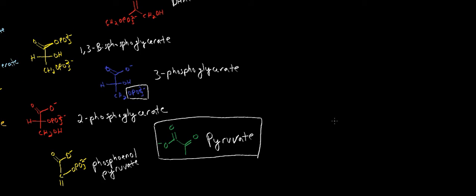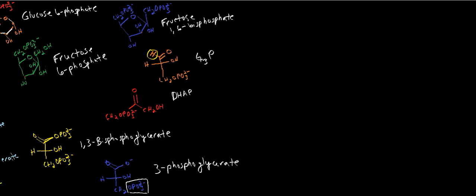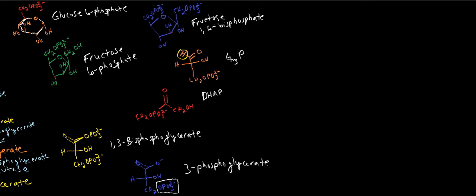So you have glucose to glucose 6-phosphate. From glucose, I'll draw arrows for you. From glucose 6-phosphate, you go to fructose 6-phosphate. From fructose 6-phosphate, you go to fructose 1,6-bisphosphate. From fructose 1,6-bisphosphate, you go to G3P.